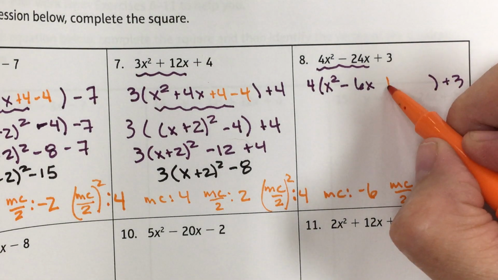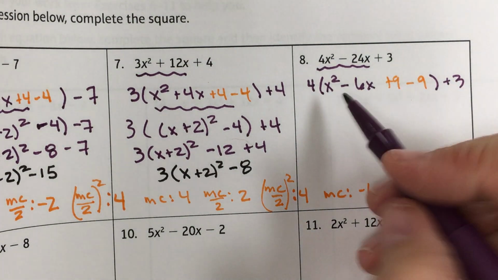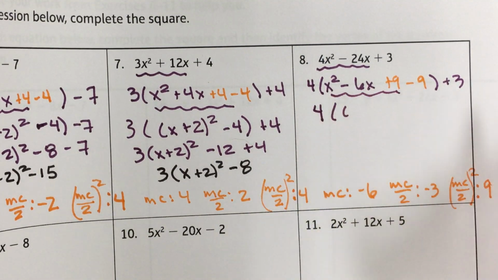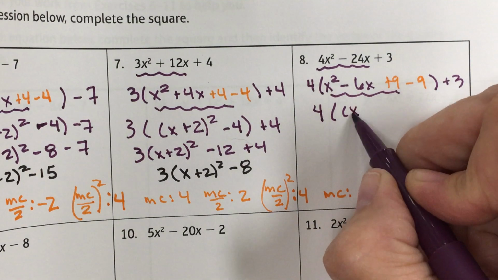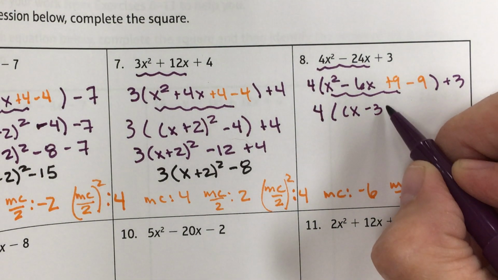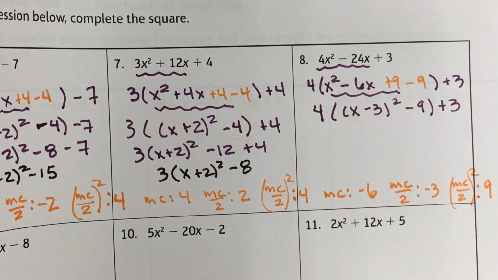Then I plug that in, I add 9 and I subtract 9. I then complete the square and get x minus 3, see, minus 3, all squared, minus 9, plus 3.